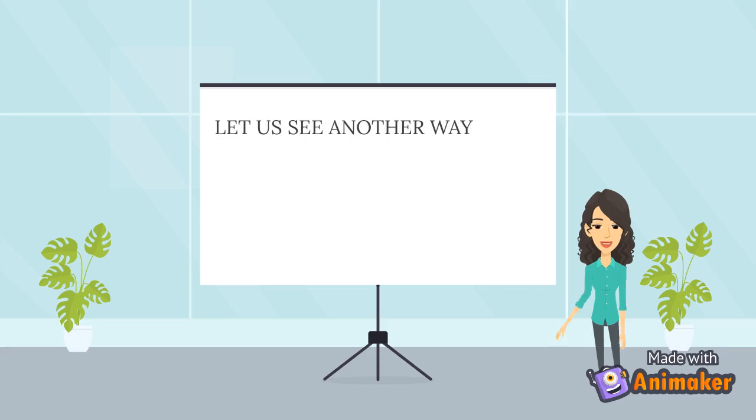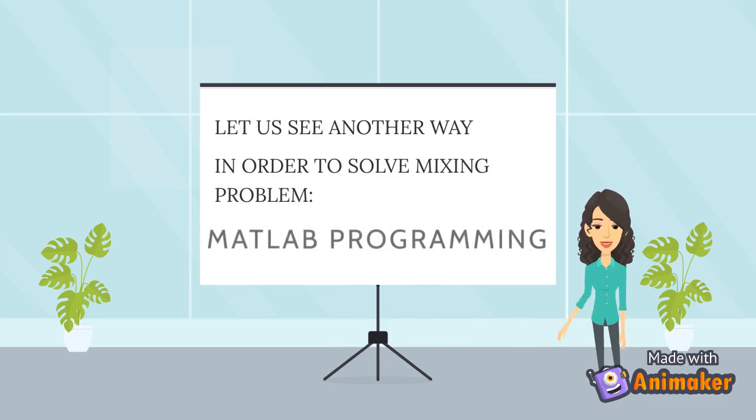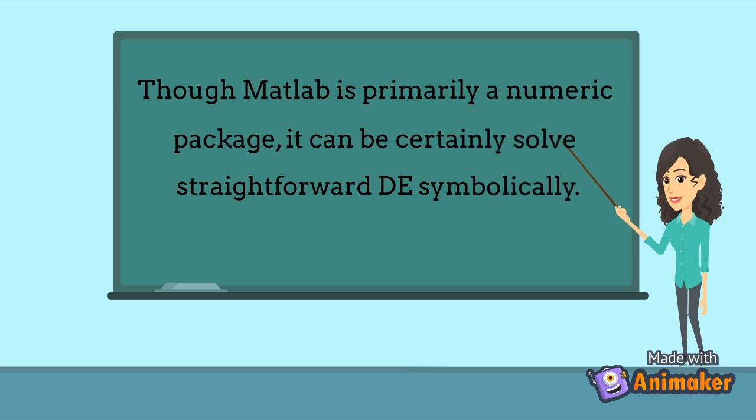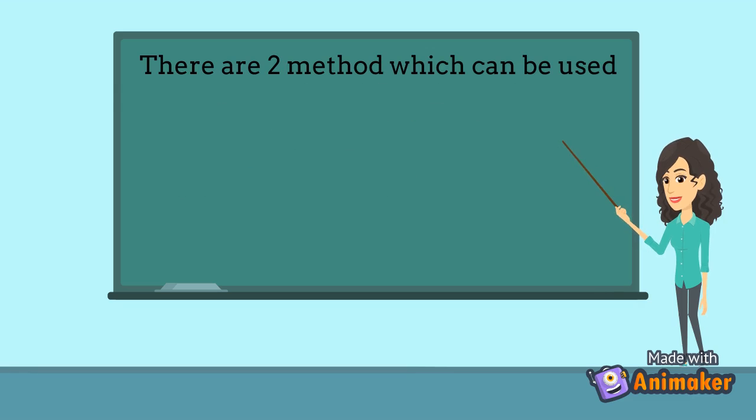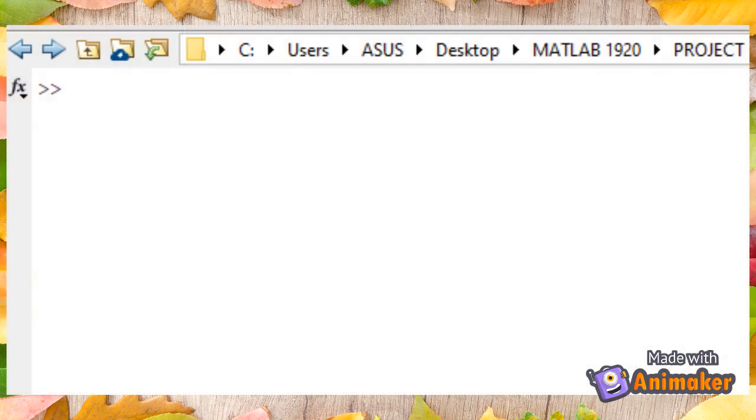Let us see another way to solve the problem: MATLAB programming. Though MATLAB is primarily a numeric package, it can certainly solve straightforward differential equations symbolically. There are two methods which can be used to solve a first-order differential equation. These include separation of variables and integrating factor.